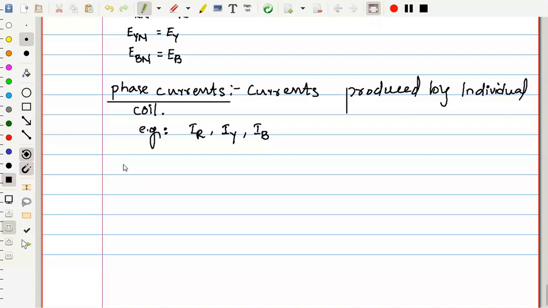And now let me put up here line currents. These terminologies are very important. Phase currents are different from line currents in some situations, but here they may be matching.